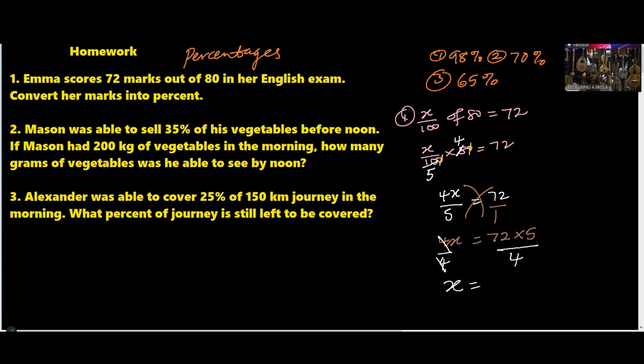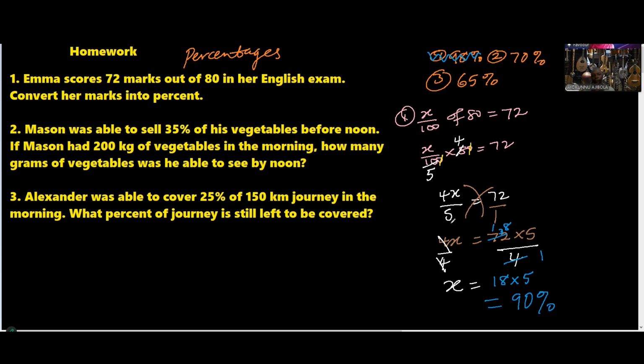How many 4 in 72? 4 in 7 is 1, remainder 3. 4 in 32 is 8, that is 18. So the final answer is 18 times 5. What is 18 times 5? 10 times 5 is 50, 8 times 5 is 40. 50 plus 40 is 90. So that is 90%.